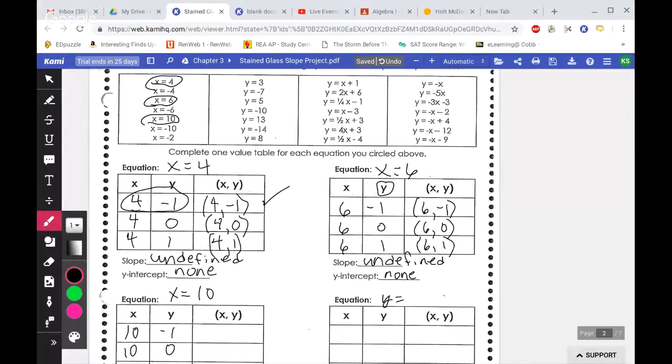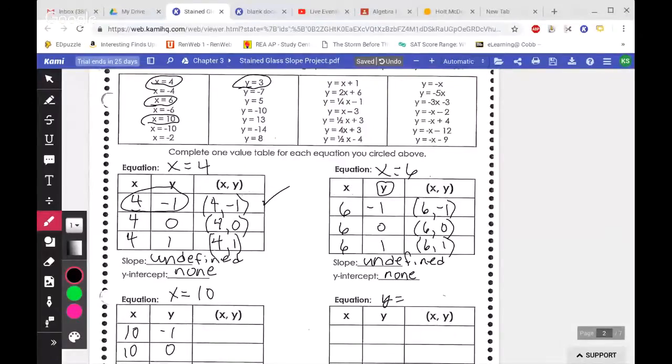Yes, and then I'm starting on page 3. Which ones did you circle? Y equals 3, y equals 5, and y equals 8.